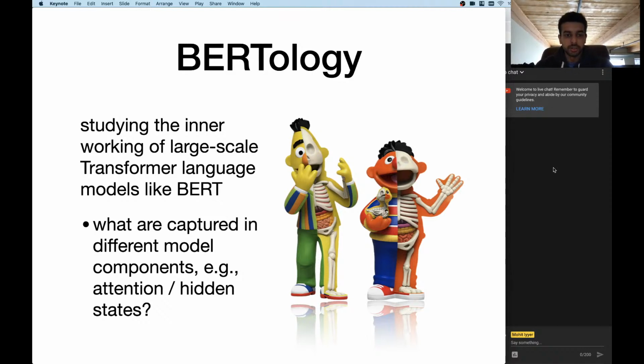Okay, so we'll get started with first more visualization-oriented analysis of the models that we've been talking about. So there was this recent paper called Bertology where the goal was to investigate the different types of information encoded in things like the attention, the hidden states, and so on.